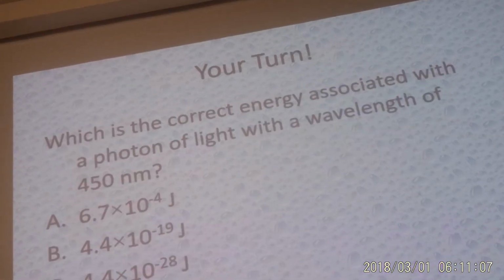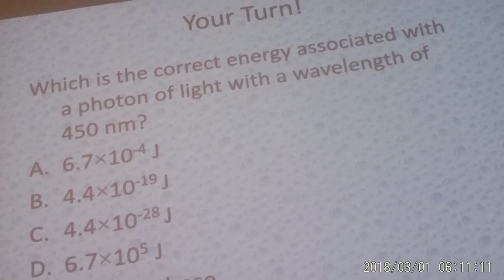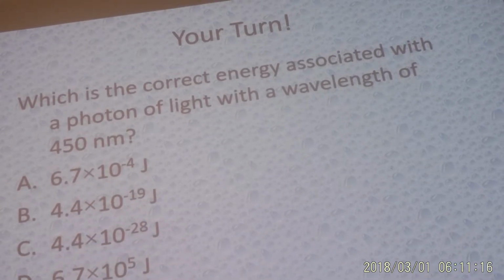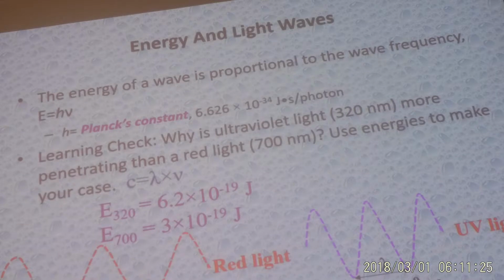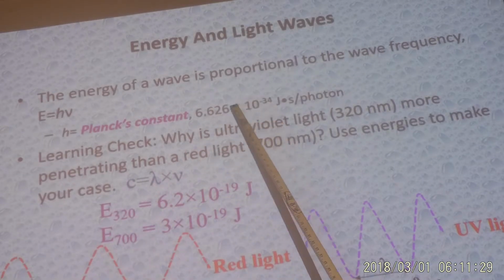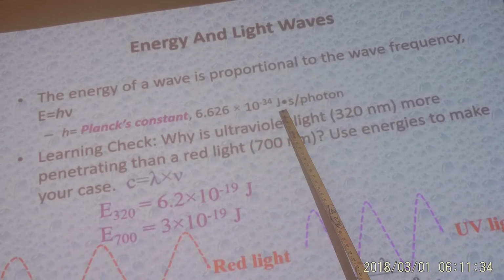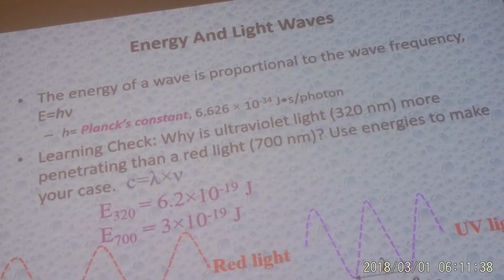Okay, so can we identify what the energy is of a 450 nanometer photon of light? How much energy is associated with that photon? Well, if we look back at this slide, we'll see this constant here, 6.626 times 10 to the negative 34 joules of energy for a given photon.